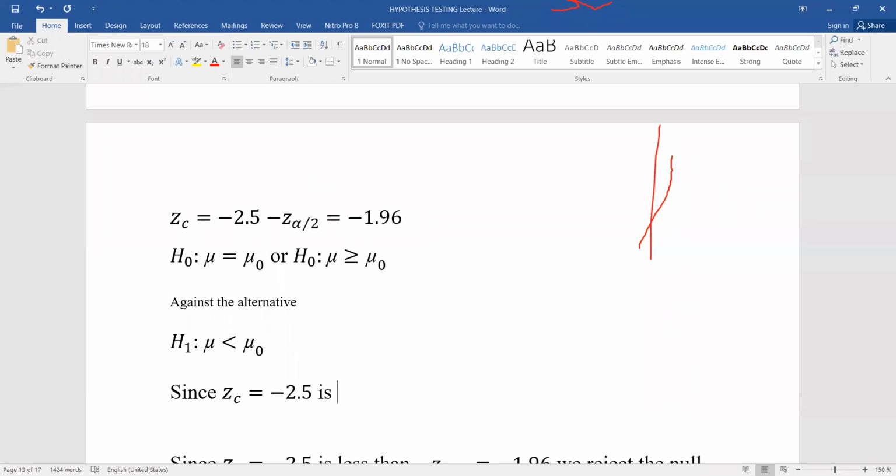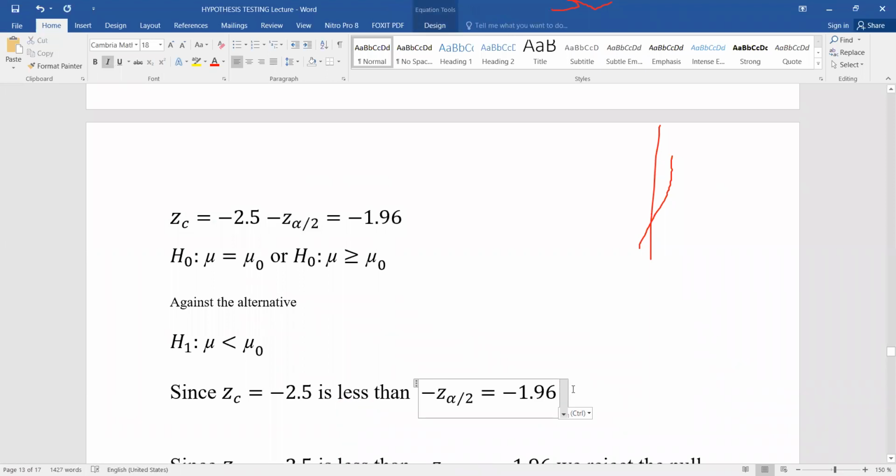Yeah, it is less than Z from the tables. So what do we do? Do we fail to reject or do we reject? Bella is saying we reject.